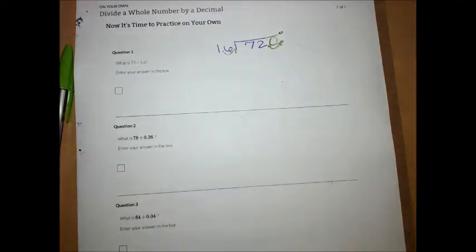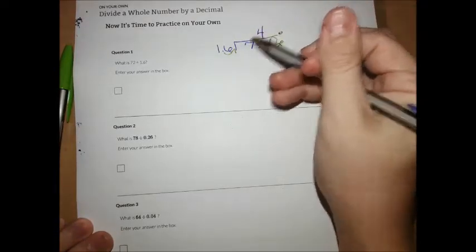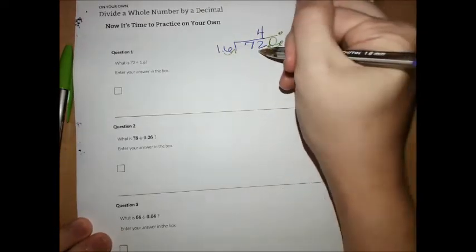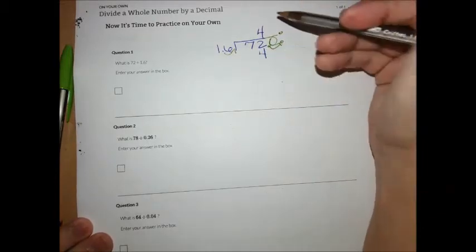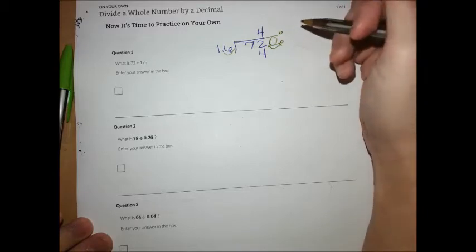So 16 can go into 72. Well, I know that 16 times 5 is 80, so I'm going to go with 4. So 4 times 6 is 24, so I'm carrying that 2. And 4 times 1 is 4, plus that 2 gives me 6.